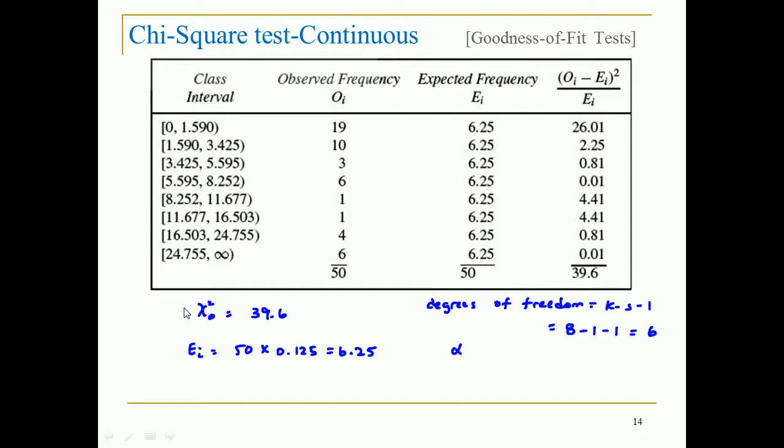We are using alpha equals 0.05, so the tabulated value for chi-square 0.05, 6 equals 12.6, and chi-square observed is greater than chi-square 0.05, 6, so we reject our null hypothesis. Okay?